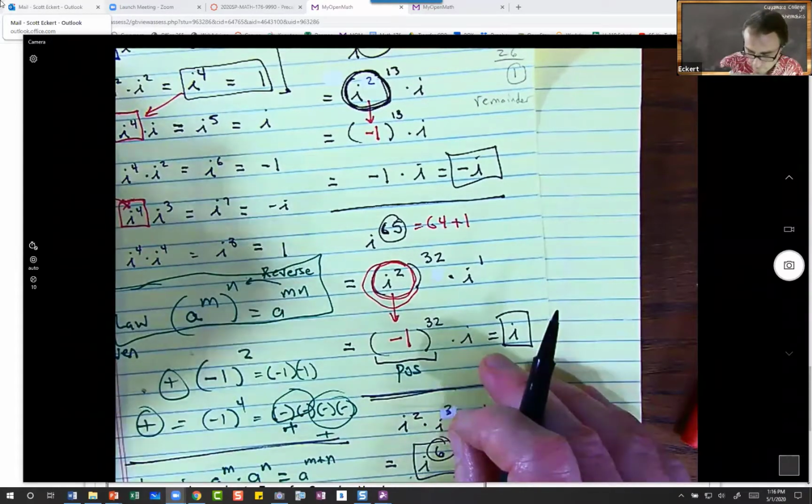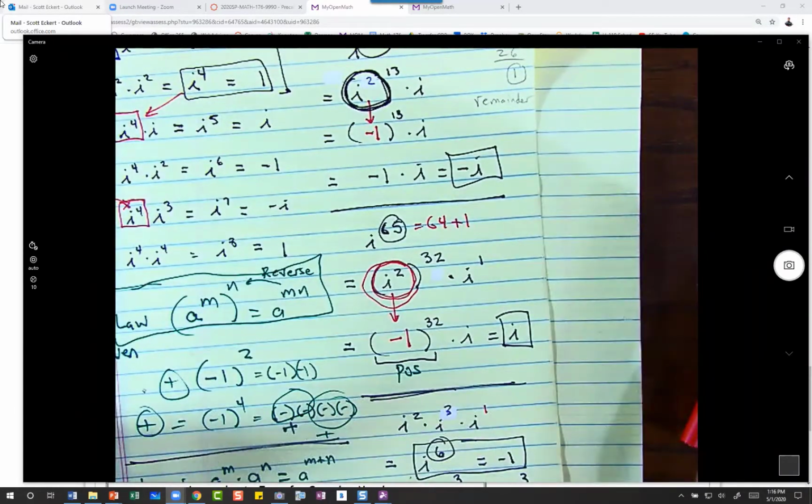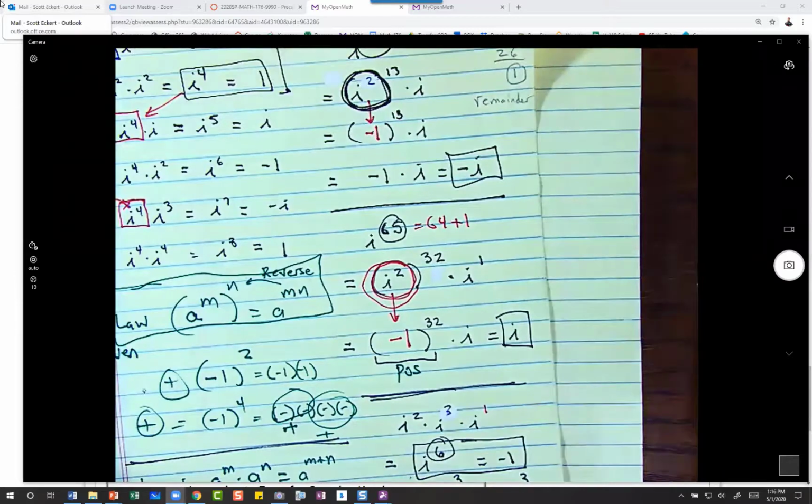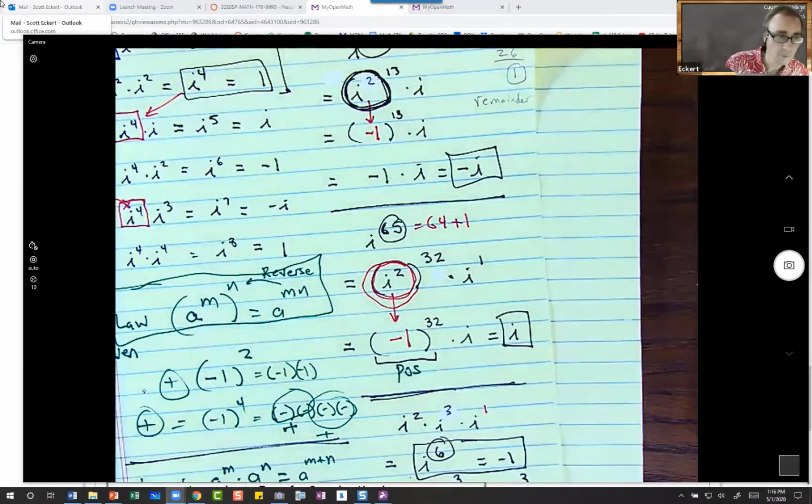So just to repeat, if it's odd power, it's going to be a positive I or negative I. If it's an even power, it's going to be a positive or negative 1. Correct. You got it.